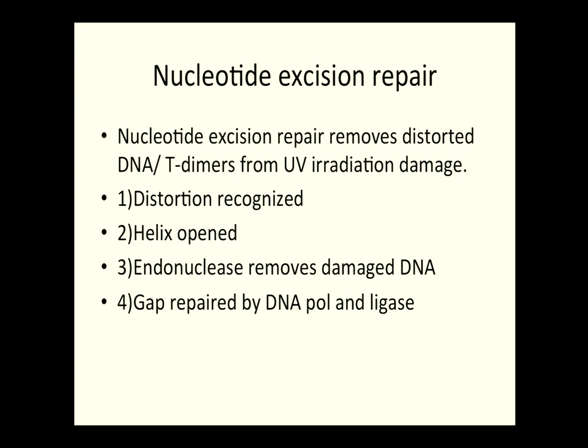So you recognize the distortion, you open the helix, endonuclease removes the damaged dimer or DNA, and you fill in the gap with DNA polymerase and ligase. I'm going to stress that you should know the sequences for all these single-strand repair mechanisms. Just practice it a couple of times.